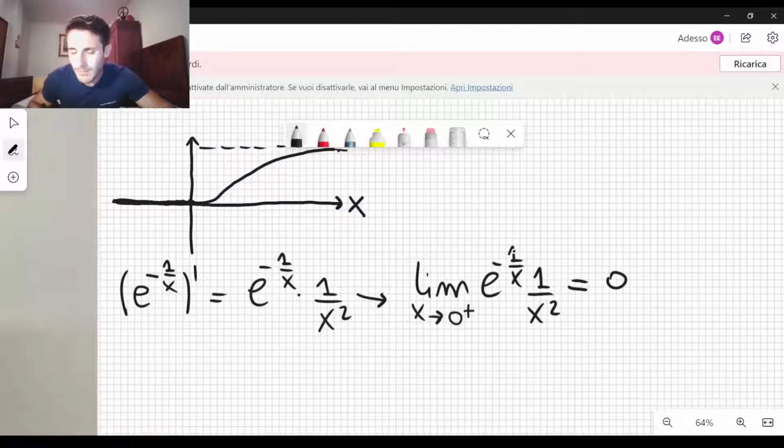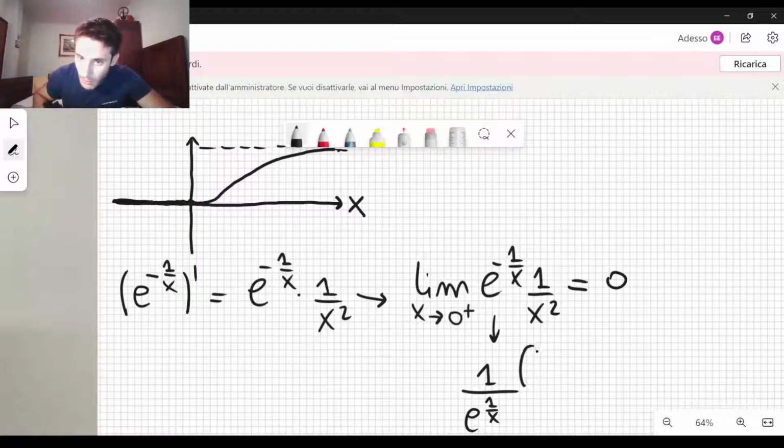And it is very easy to show that this is 0, for example, by using the L'Hopital, because you can rewrite this as 1 over e to the 1 over x times, you can put x squared in the denominator, or you can put 1 over x squared in the numerator. So you can rewrite it like this.